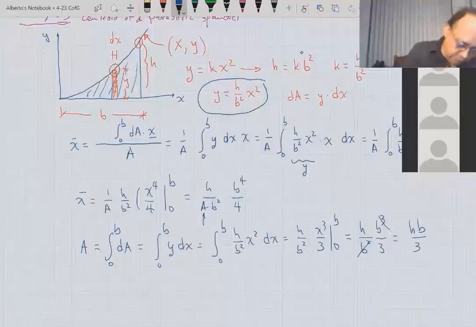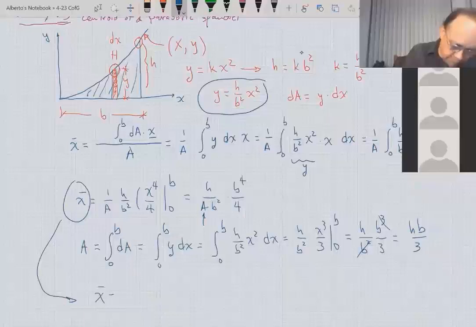So let's put this back into x bar. x bar would be equal to h b to the fourth over, well, let's put this, b squared A 4, and then the area is hb over 3.